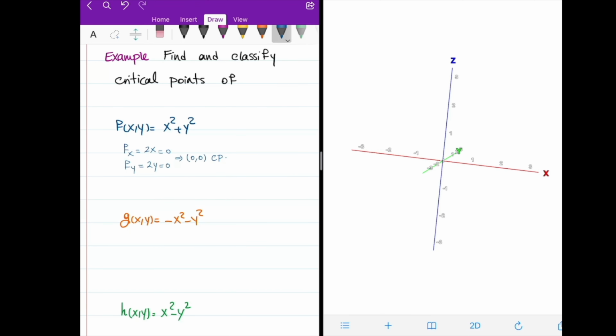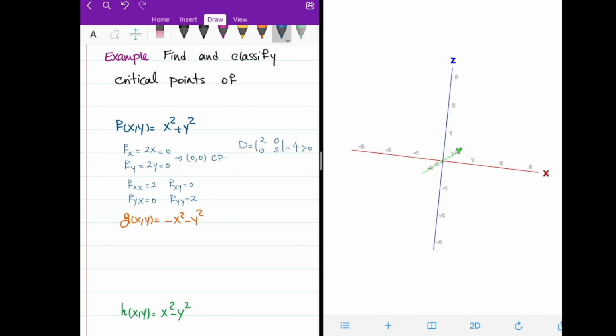I'm going to calculate D. For that, I need fxx, which would be 2, fxy, which would be 0, fyx, which would be 0, and fyy, which would be 2. So D would be 2 times 2 minus 0 times 0, which is 4.